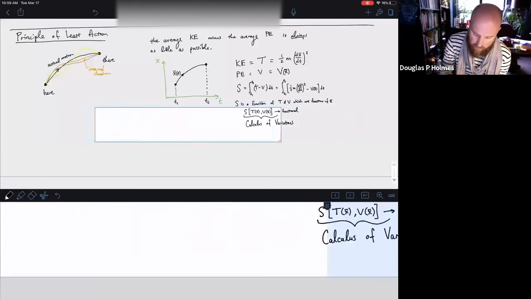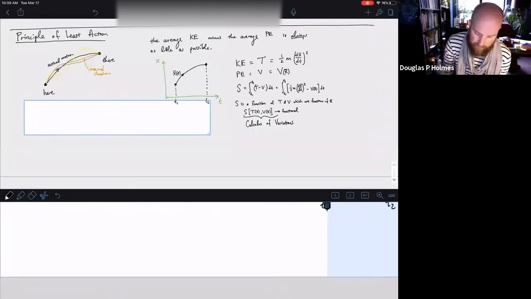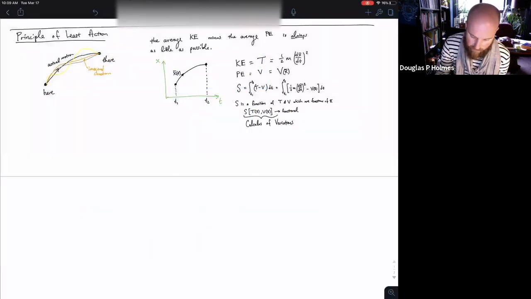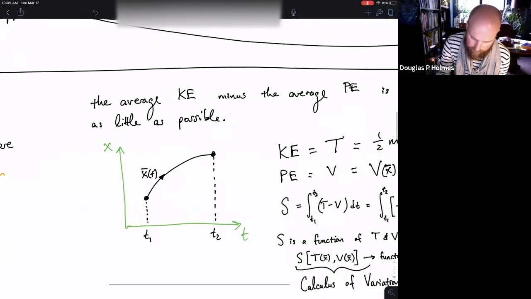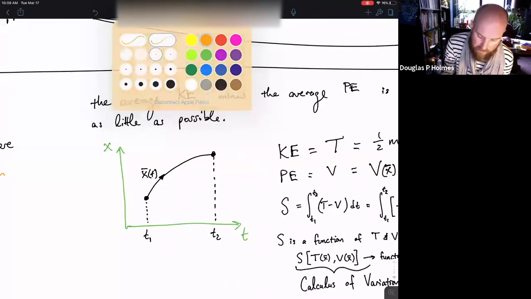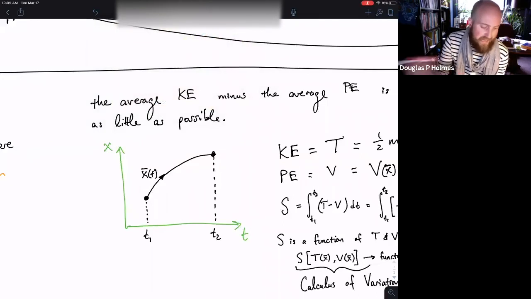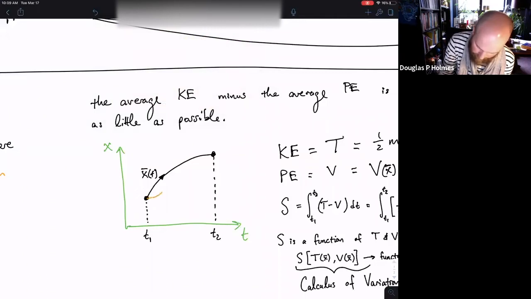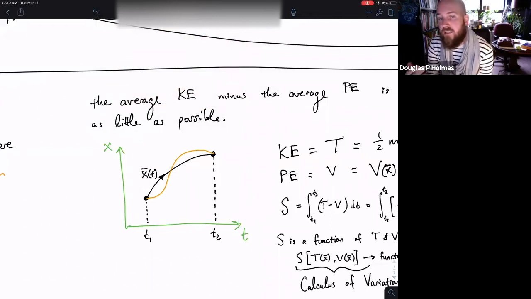So what we're going to do is go back to our curve here, and I'm going to imagine some pretend virtual curve. So here's my pretend curve. It's going to be in orange. The first thing I want you to know is that my pretend curve, my virtual path, my imaginary path, starts and ends at the same points as my original paths. That's going to be important. So keep that in mind.